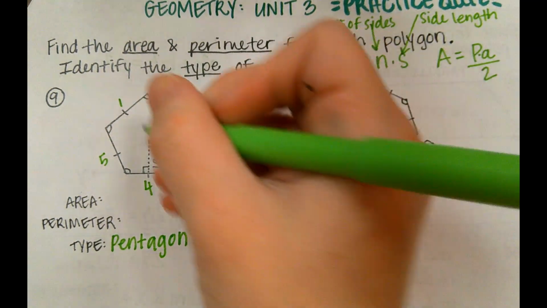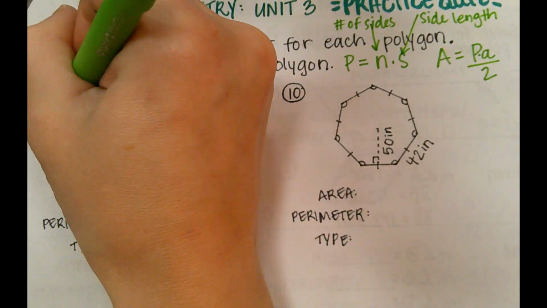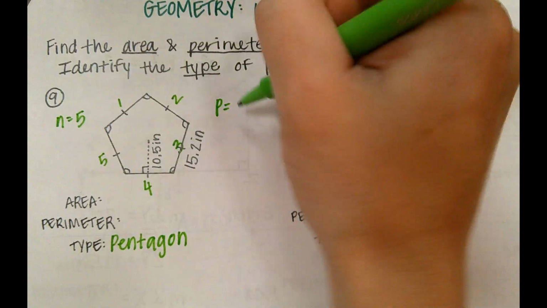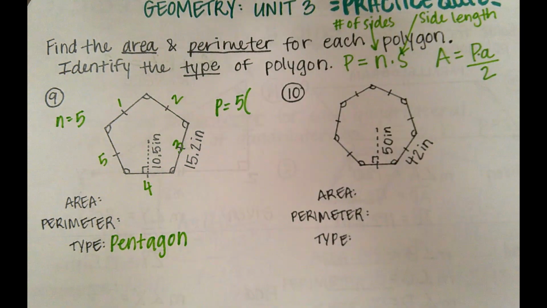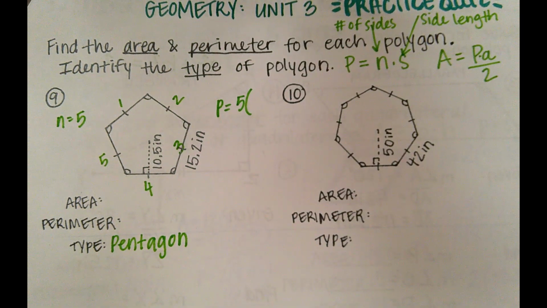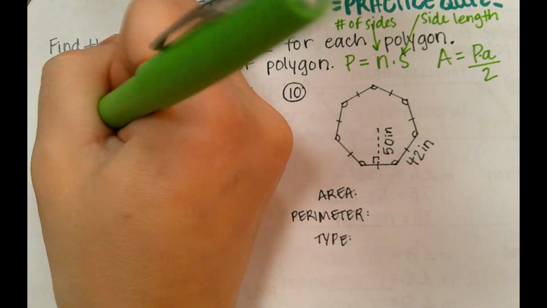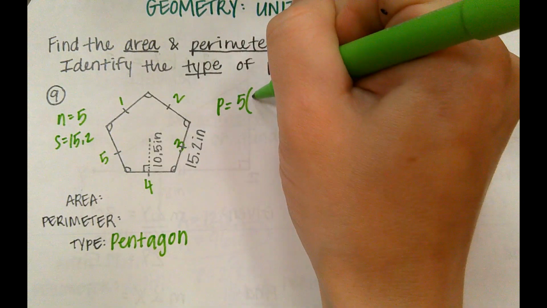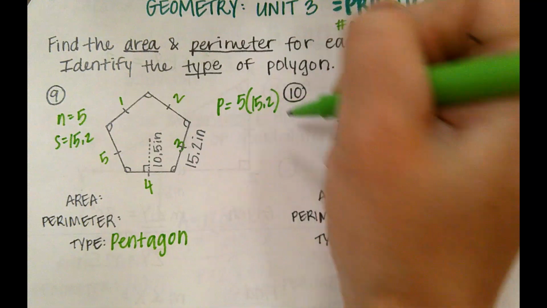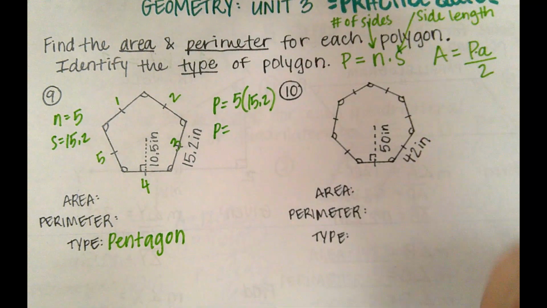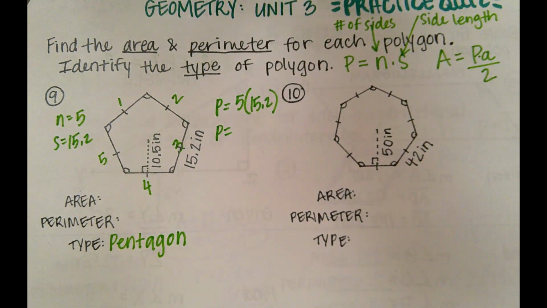N times S. My N for my number of sides is 5. And what is my side length? 15.2. And what is our perimeter?